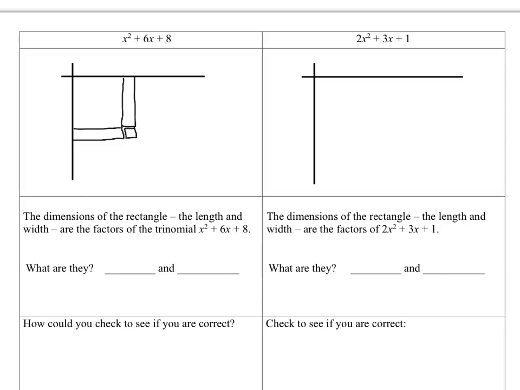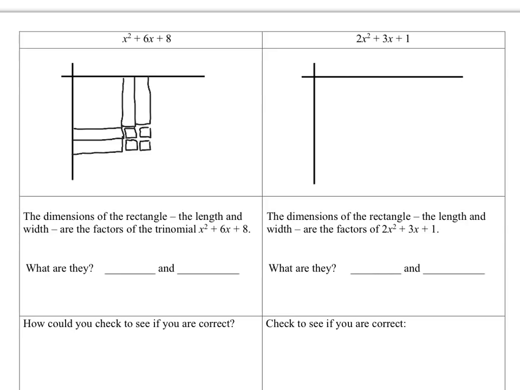Right now I have x squared plus 2x plus 1, but I need 6 x's, right? So let's add another x. Suppose I put the x here, and I put another x here. Well, now I'm up to 4, and when I do that, I now have space for 4 total ones, sorry.